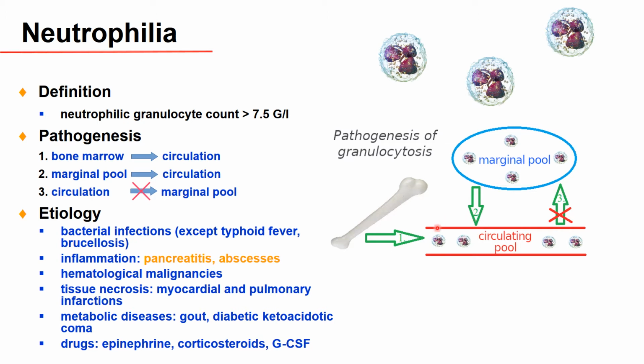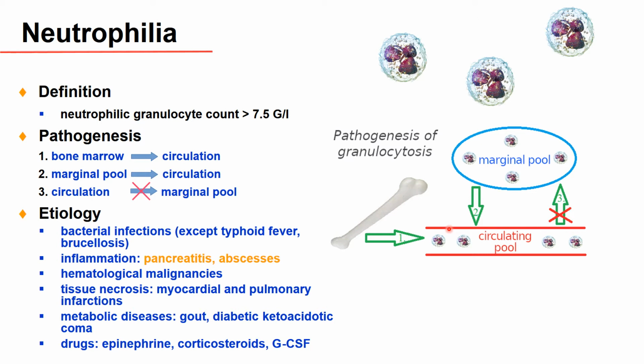These neutrophils can originate directly from the bone marrow, or they can come from the marginal pool that is located close to the vessel wall. Another possibility is if this pool cannot marginate to the vessels. So all these cases can increase the neutrophil count.